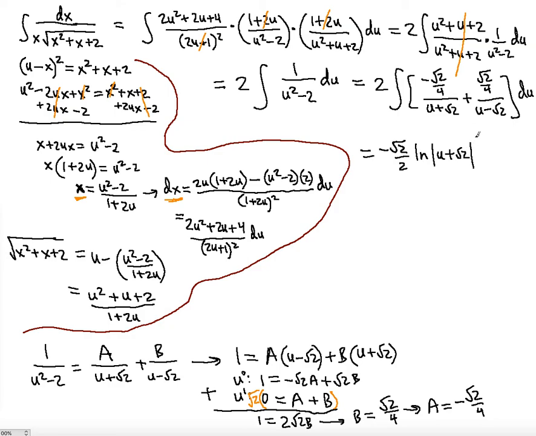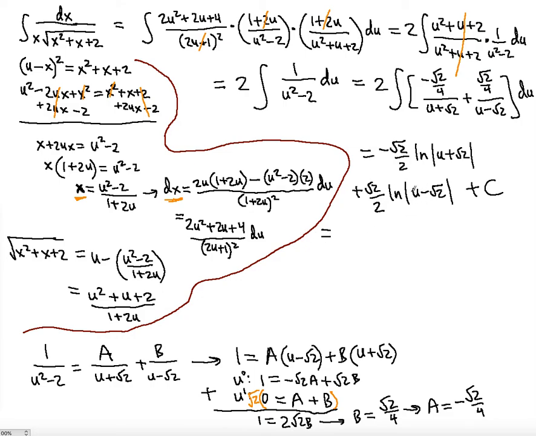And the same thing here, now there's a positive: plus the same simplification, radical 2 over 2 ln again, absolute value of u minus radical 2. And don't forget there's a constant, so plus a constant because it's the antiderivative.